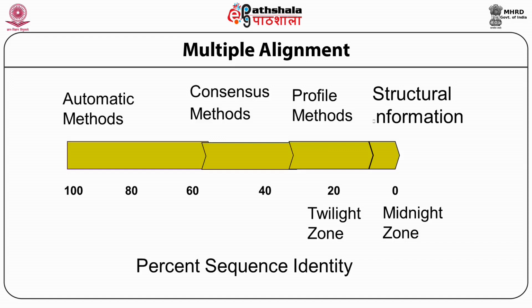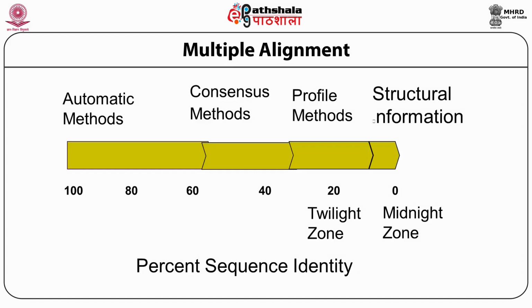But that's something which is better left to be done by the experts. And then if your sequence identity is even 0 to 10%, very, very low sequence identity, in such a case you will definitely require a lot of structural information, and those kinds of alignments are really very difficult to construct, and it's really very difficult to be sure that the alignment is actually correct and making biological sense.